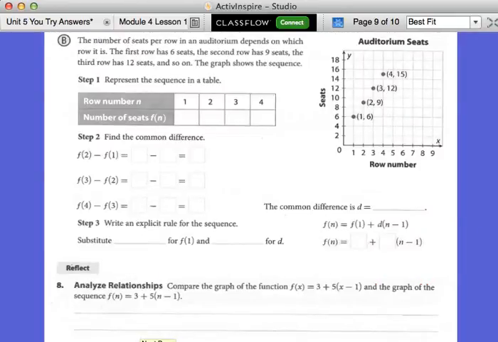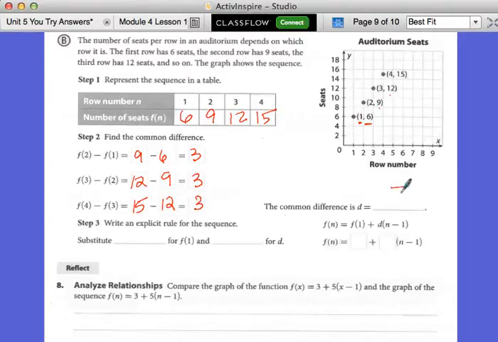All right, so let's try this again. Here, when I have one row, I have 6 seats. In 2 rows, I have 9 seats. In 3 rows, I have 12. And in 4, I have 15. So here I find my common difference: 9 minus 6 is 3, 12 minus 9 is 3, 15 minus 12 is 3.